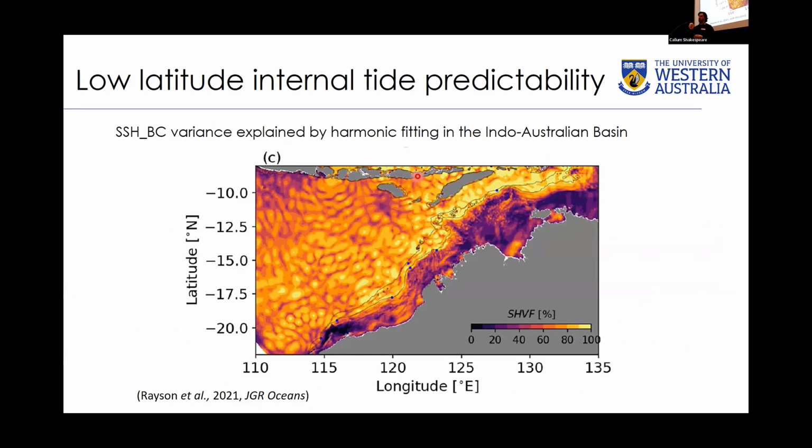And then we do this harmonic fit to the sea surface height everywhere, to the baroclinic sea surface height everywhere. And this quantity is the percentage of variance explained by that harmonic fitting. And so basically throughout the whole tropical regions, it's greater than 50%. So basically the internal tides are largely predictable in the low latitudes.